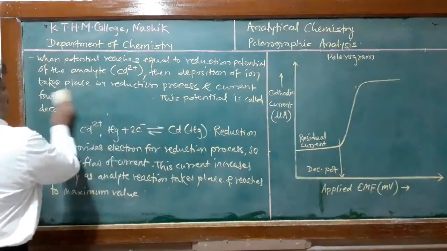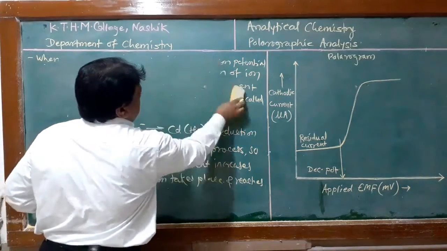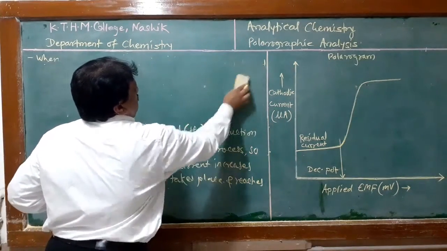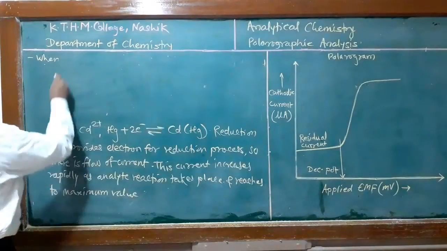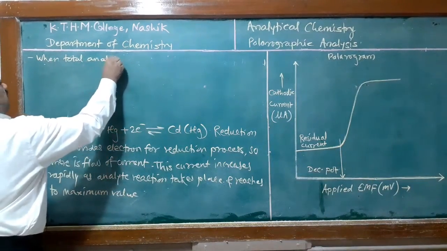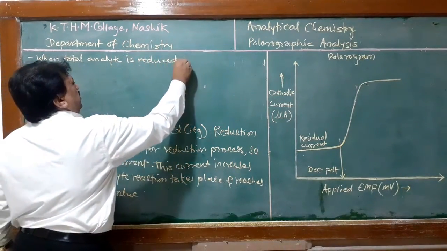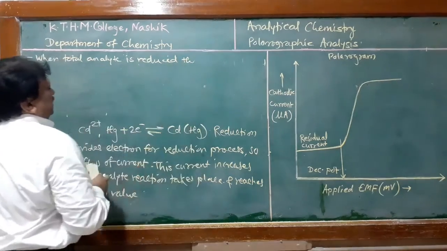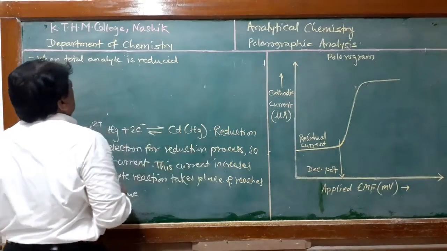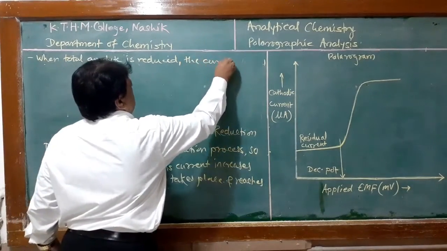Therefore, when the total cadmium analyte is reduced, there is no flow of electrons, so the current becomes constant.